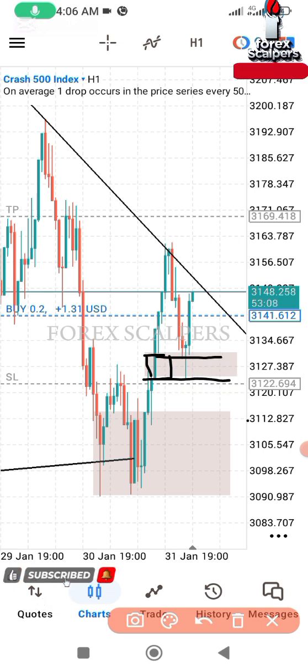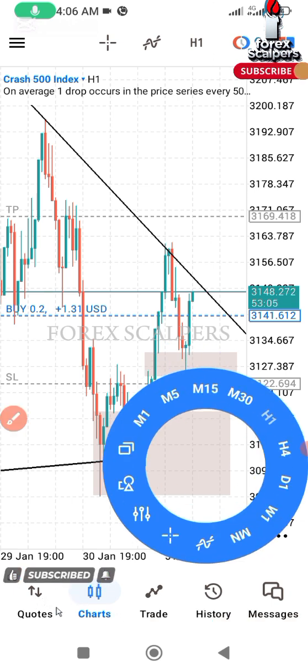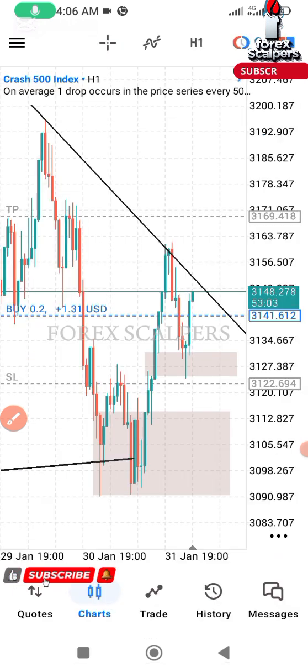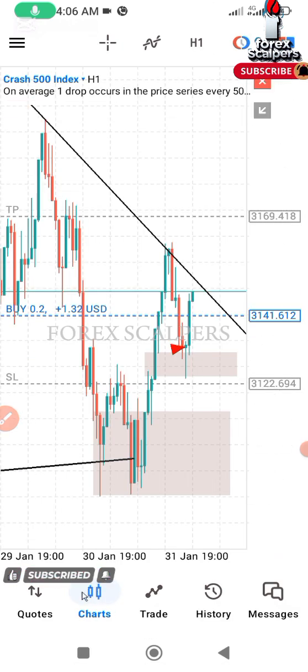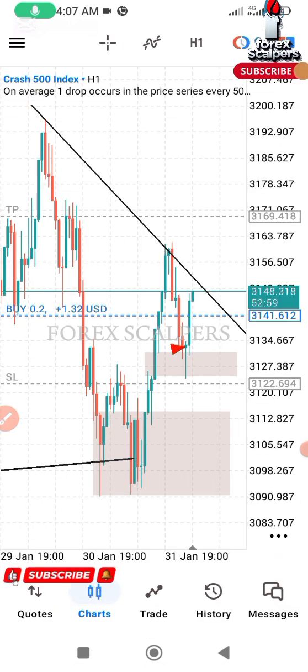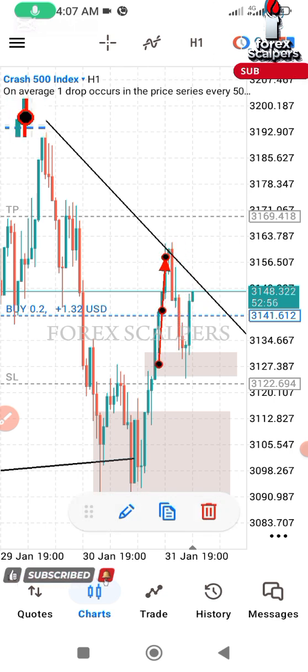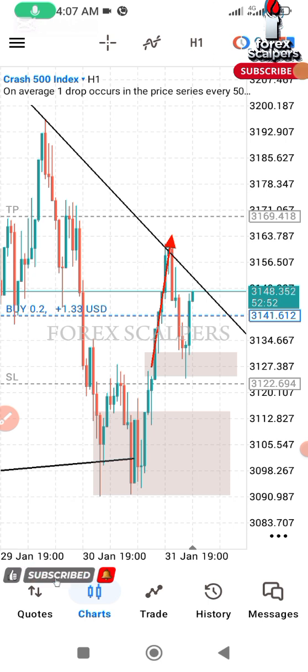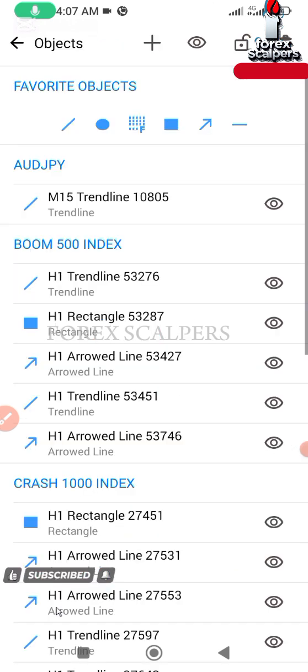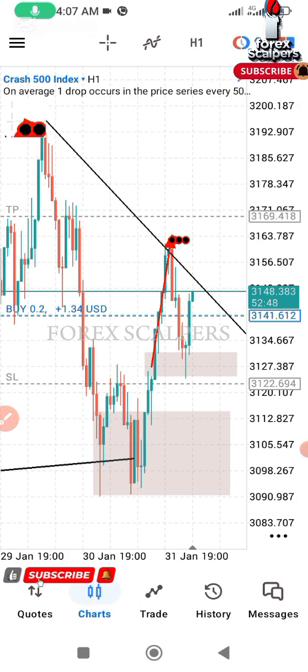So you will now realize that price left that zone here and pulled all the way to the upside. You can see the movement of price to this zone, and then price now returned back into the fair value gap.